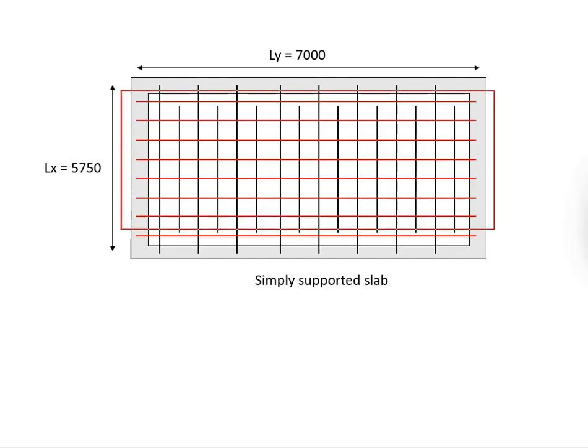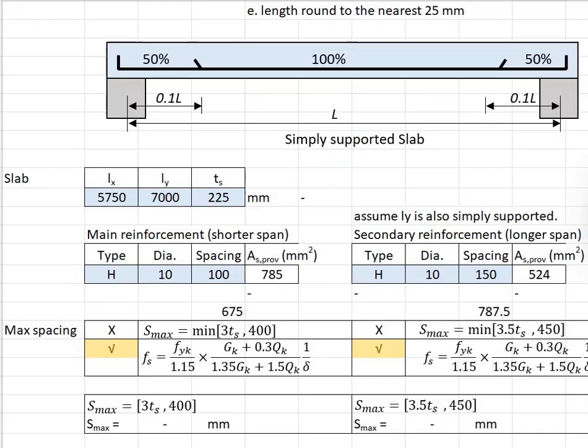As for the secondary reinforcement, no curtailments apply, as this will have issues with the maximum spacing as well as the AS minimum.